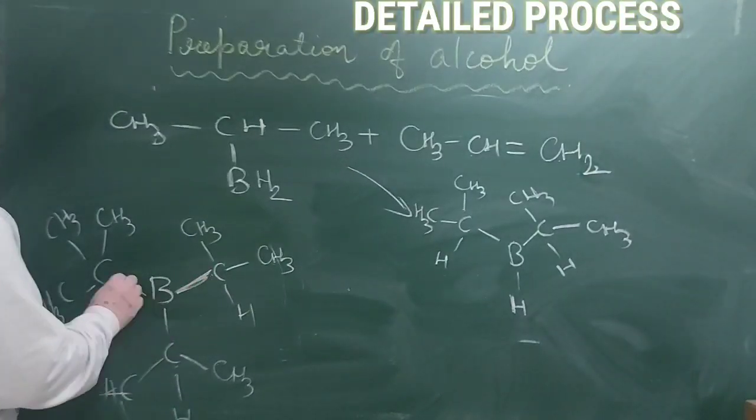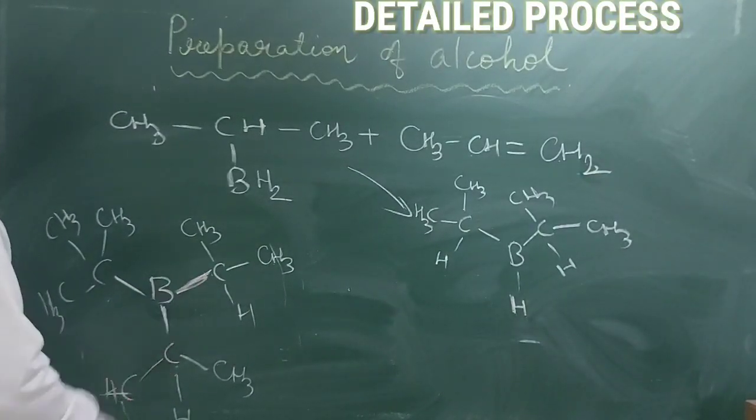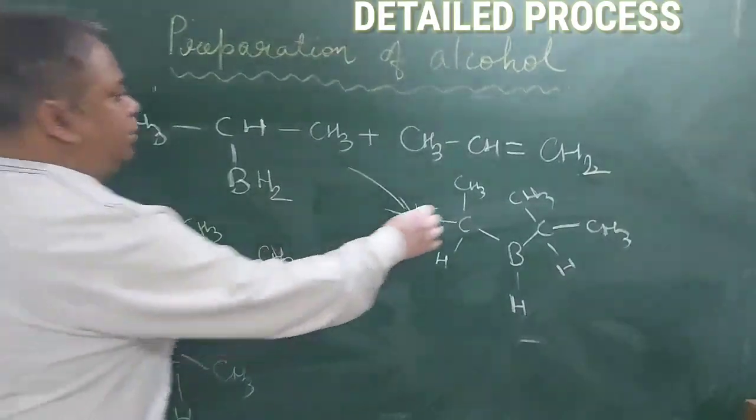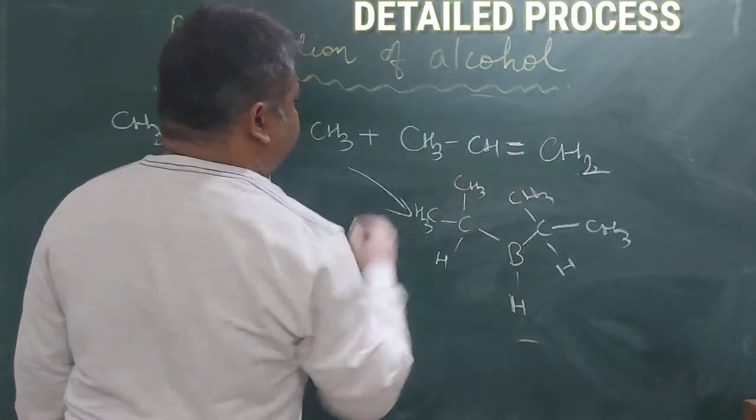So boron is trivalent, so 3 bonds with carbon are formed. Hydrogens are taken up by this carbon 3 times.